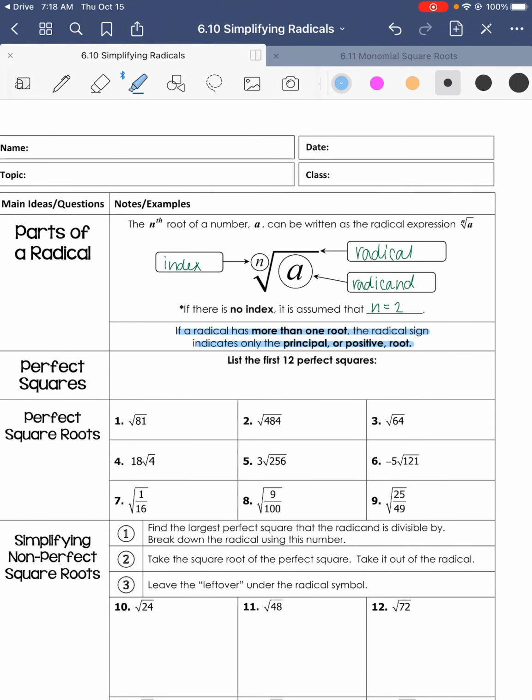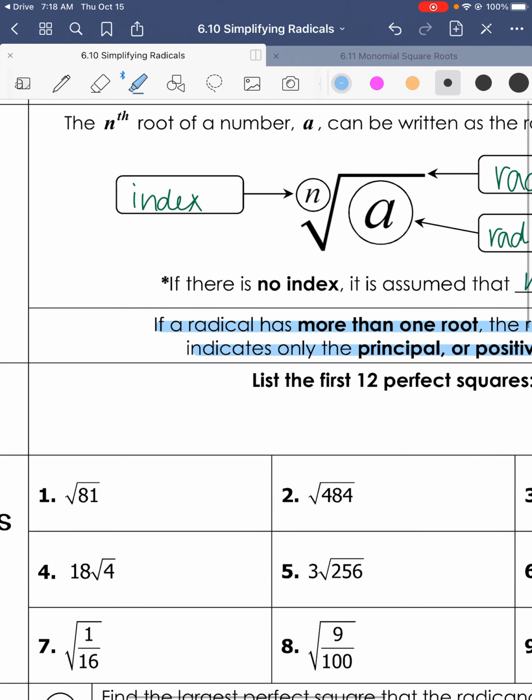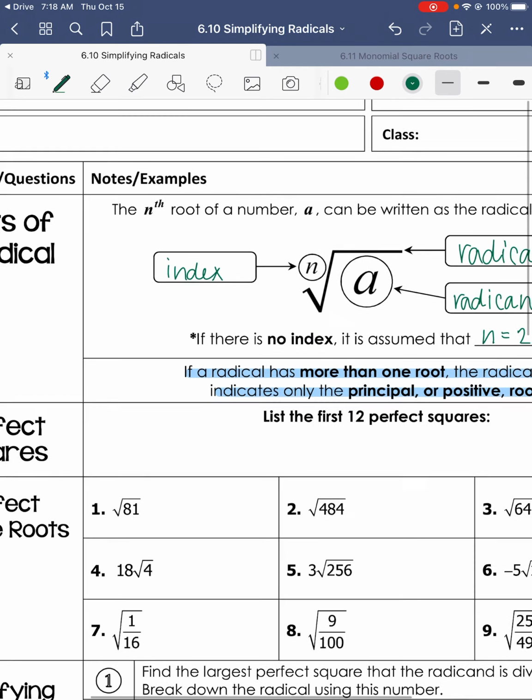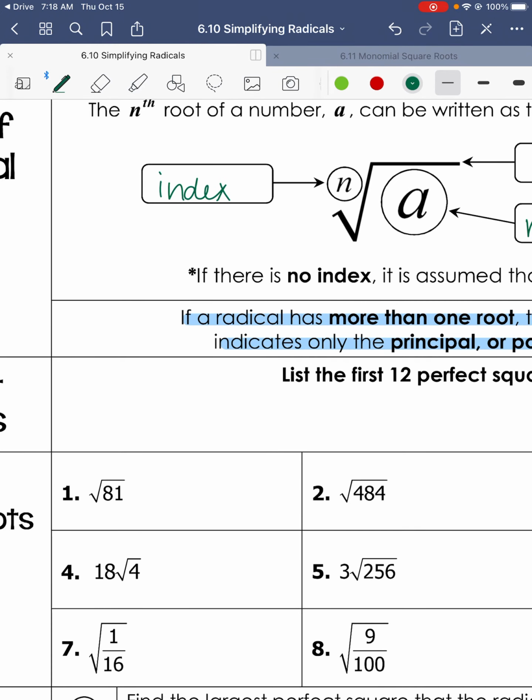Okay, so let's look at something that you guys need to work on memorizing, which I said in the video yesterday, is the first 12 perfect squares. I think I said yesterday the first 10, but might as well add in 11 squared and 12 squared.